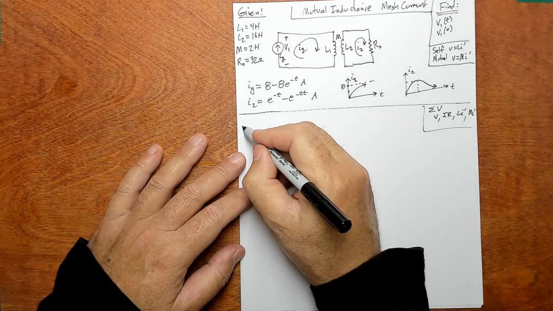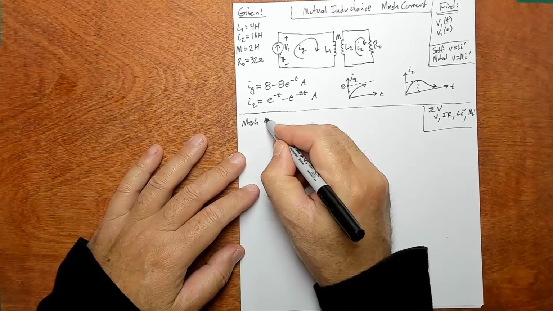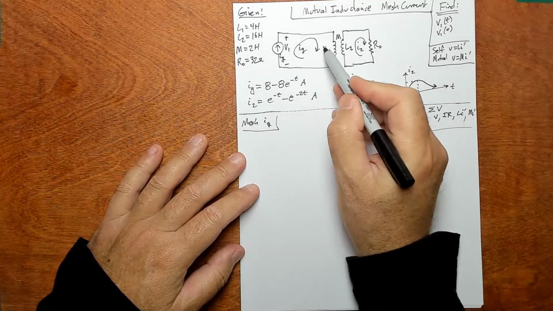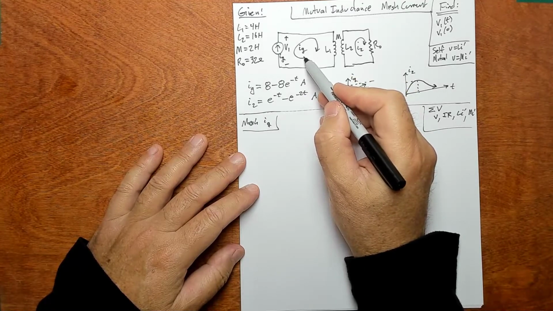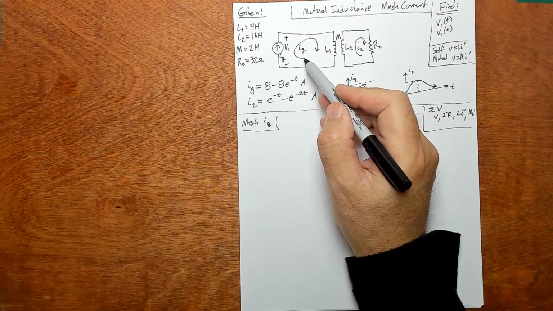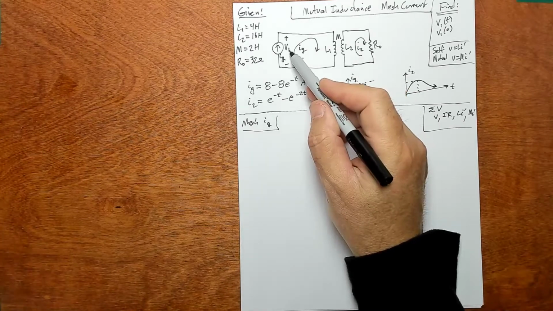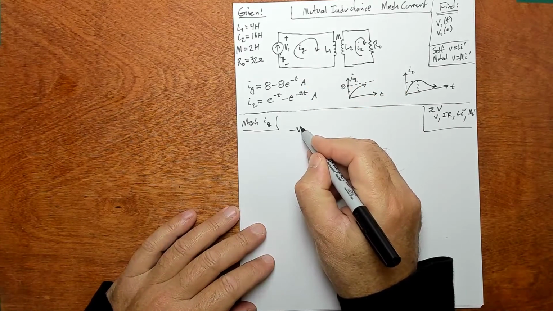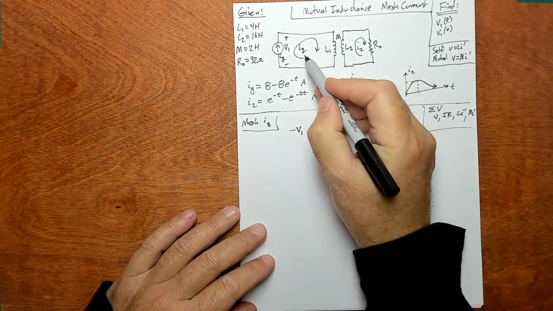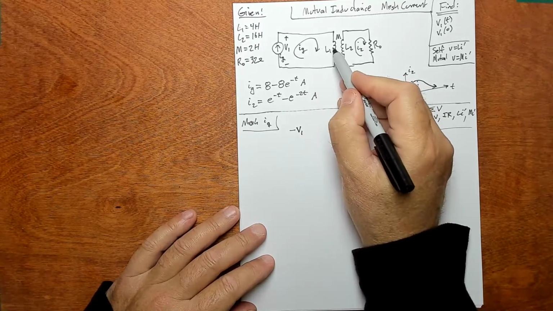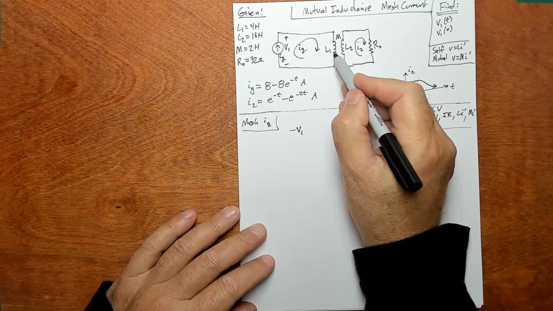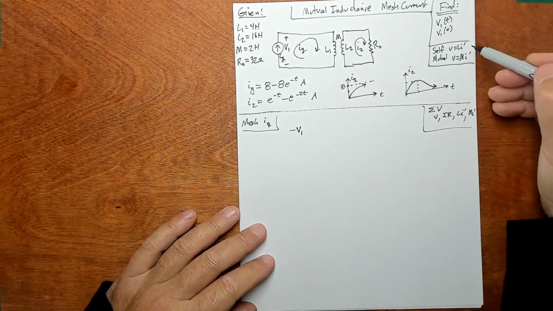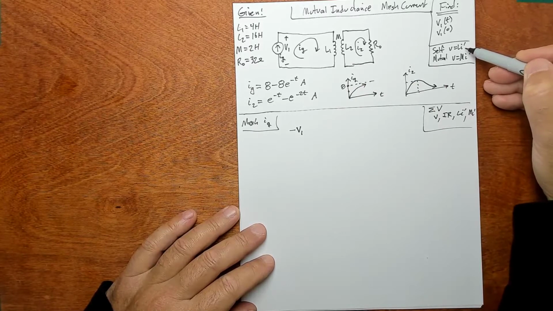And let's write mesh I sub g. So going around this guy here, you're coming into V1 at the negative terminal, so it's going to be minus V1. And then there's a voltage across this inductor. There's a self inductance.